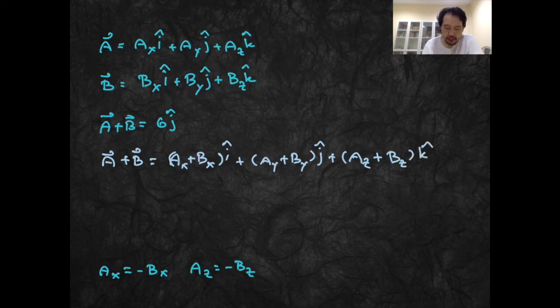But we say that the result has only the y component, that is, it has only j, unit vector j left here.